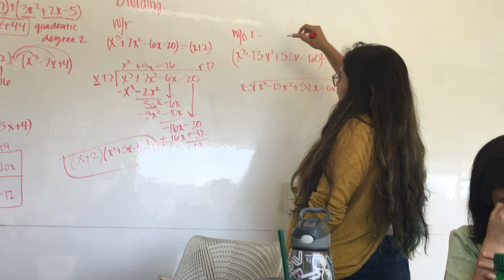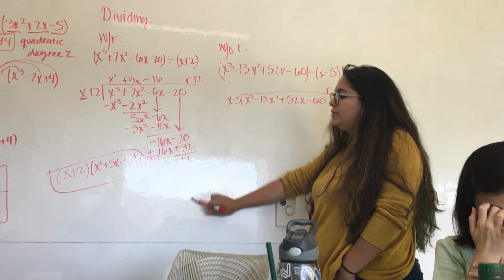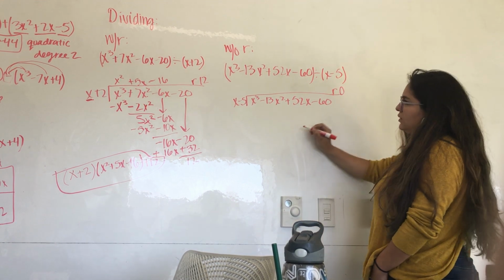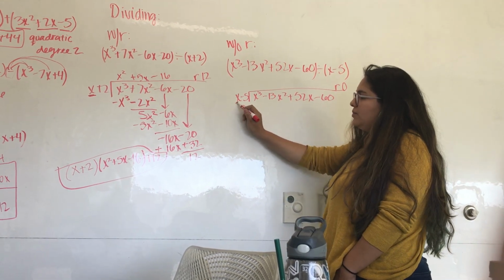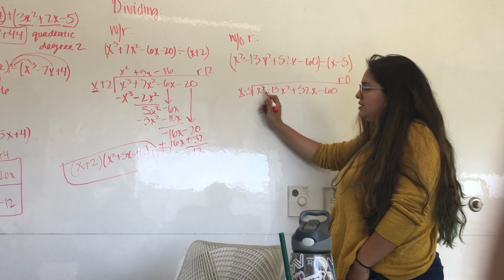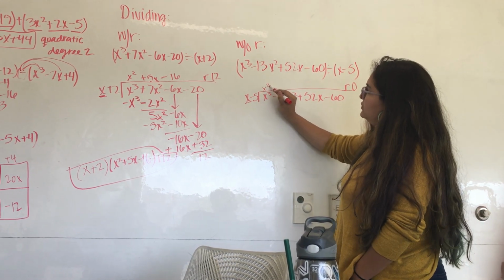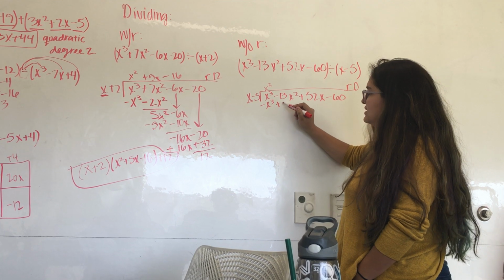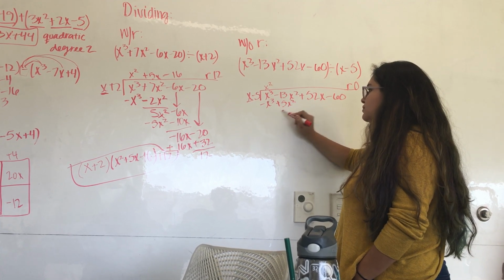For without a remainder, we're doing the same process, but we know that we're going to end up with a remainder of 0. What do we multiply x by in order to get x to the third? x squared, minus x to the third plus 5x squared.